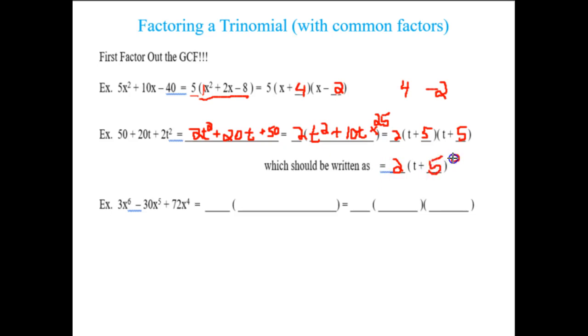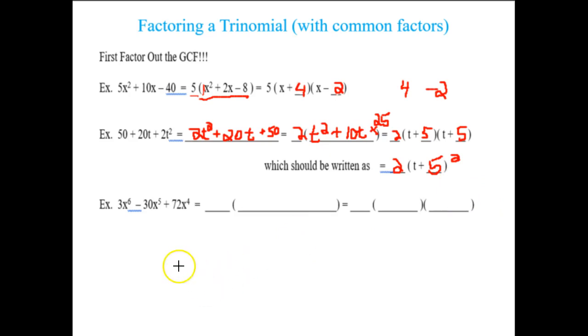I could put an exponent on the outside, and so 2 times t plus 5 squared, because that's what t plus 5 times t plus 5 could be written as, that binomial squared.